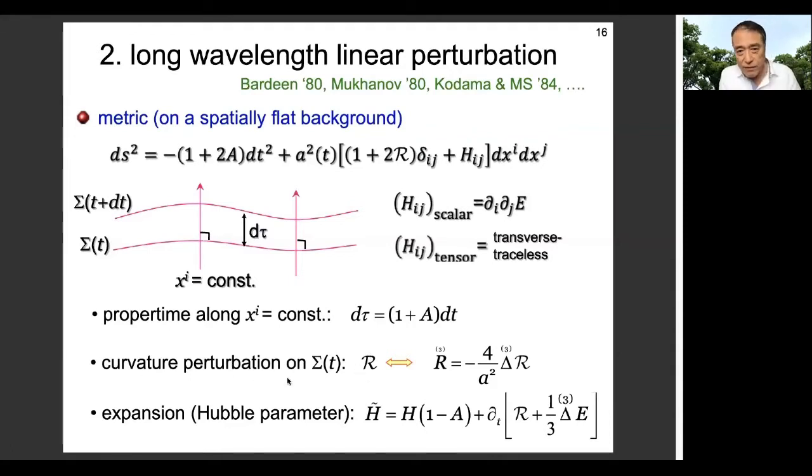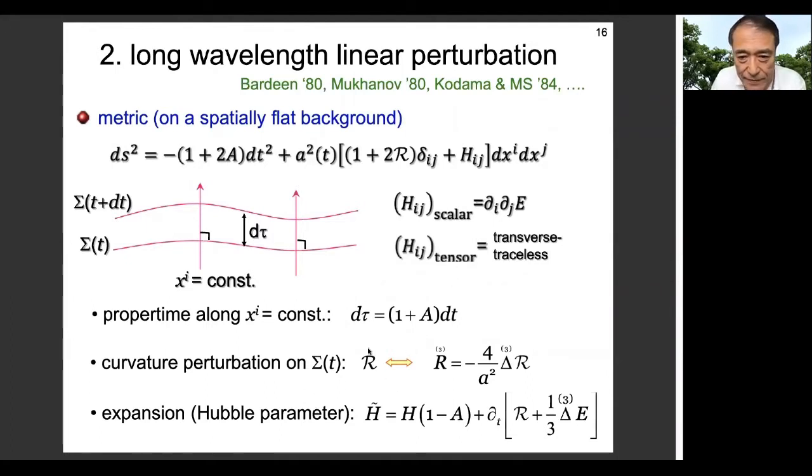Of course, in more rigorous terminology, maybe I should call it the curvature potential perturbation. One important thing is that the value of curly R doesn't mean anything. It's unphysical. It's the second derivative, the Laplacian of R, which has physical meaning. Any questions?